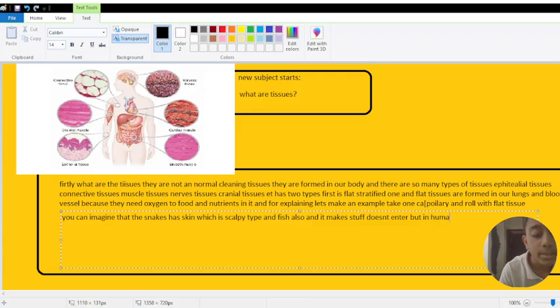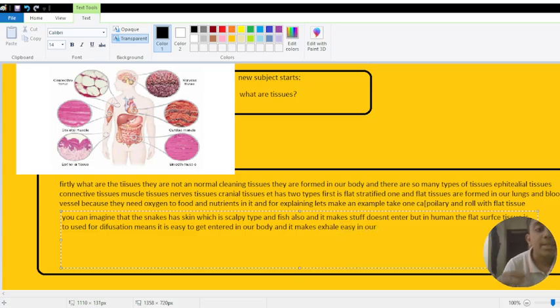But in the human body, the flat surface tissue is used for diffusion, which means it is easy for things to enter our body, and it makes exhaling also easy, because blood vessels need food, nutrients, and impurities, protein impurities.